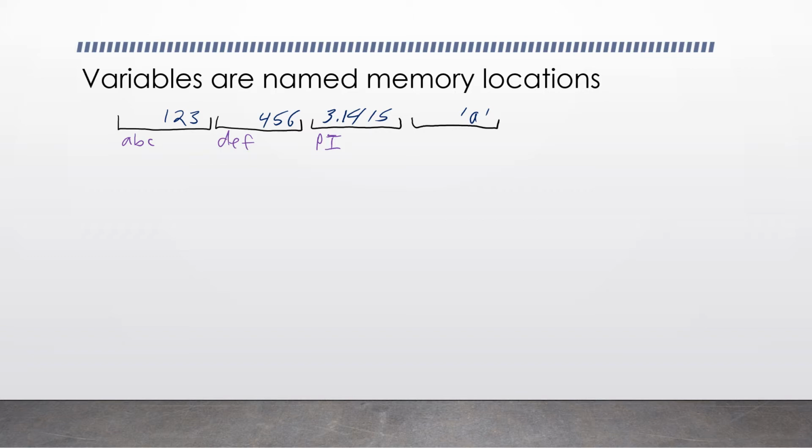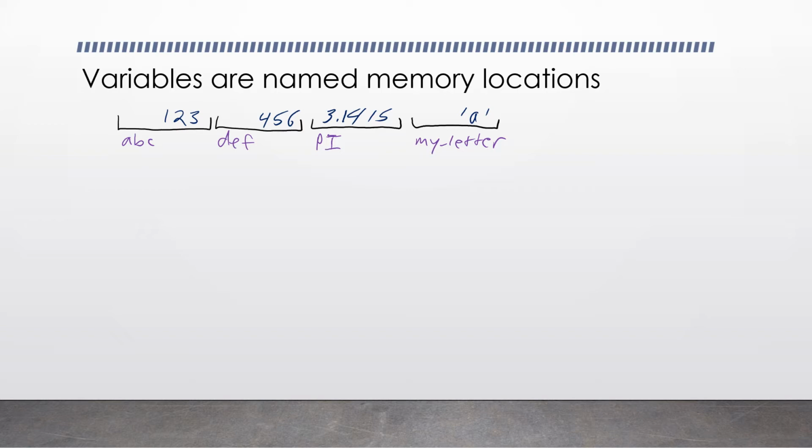And this one might just be called my letter, to indicate that my favorite letter is A. I'm not sure that that's actually my favorite letter, but there we go. So you can see that I've given each of these memory locations a name.